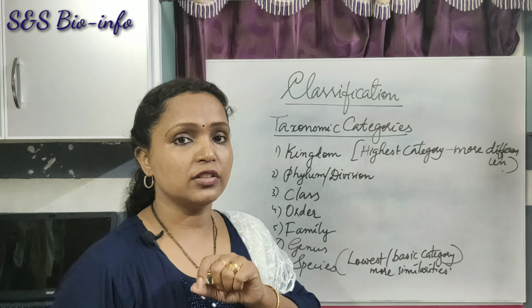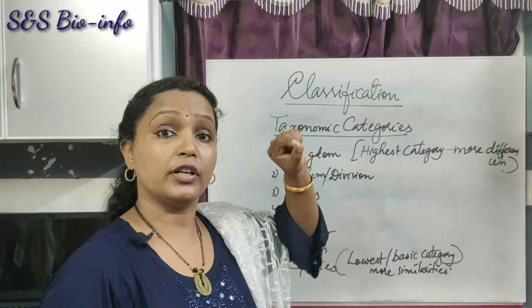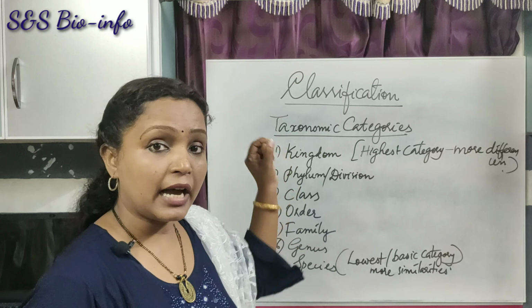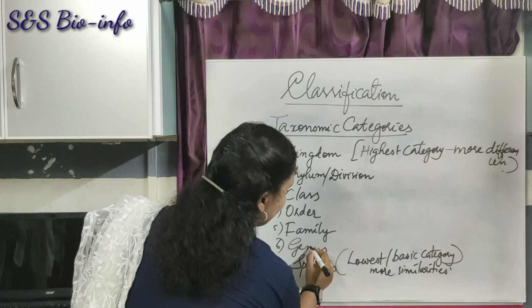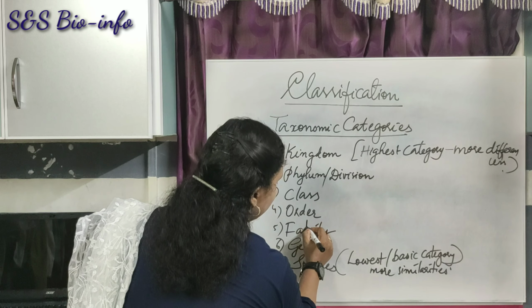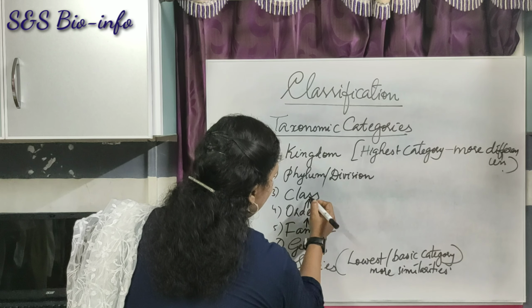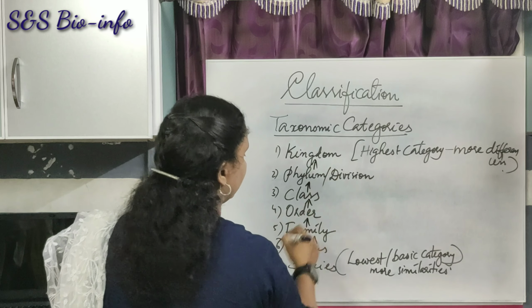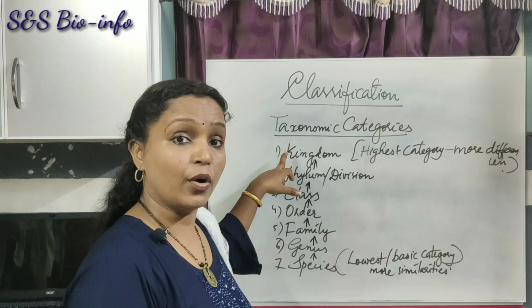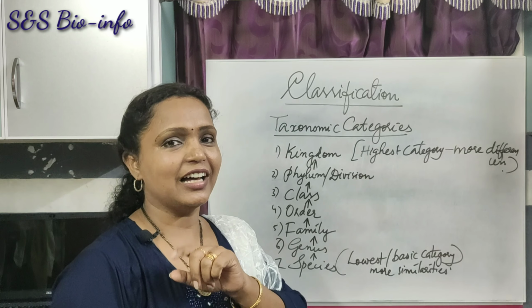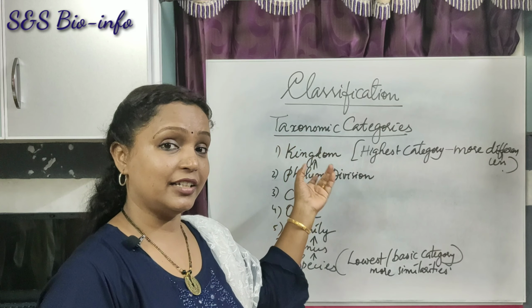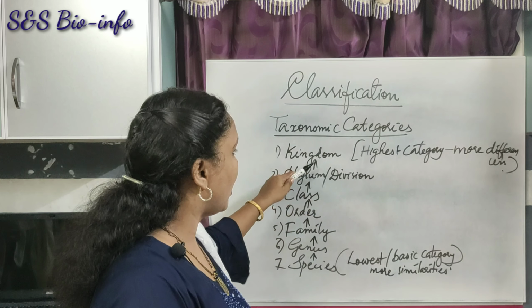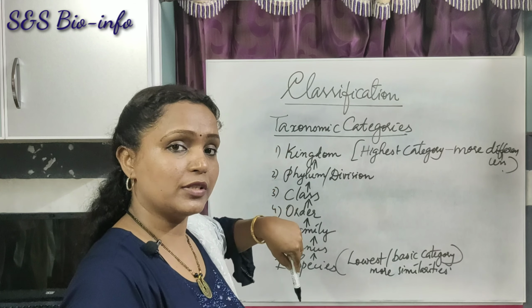When we arrange them in ascending order, from smallest to the highest category, we put the arrow like this: species to genus, genus to family, then to order, class, phylum, kingdom. So this is the ascending order. When we arrange them in descending order, the largest or highest to the lowest, we put the arrow in the opposite direction.